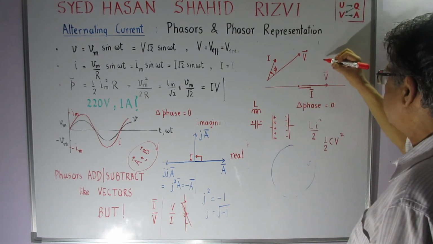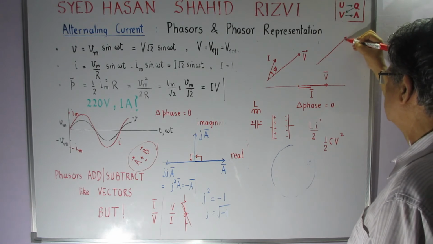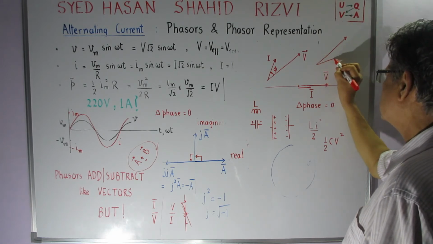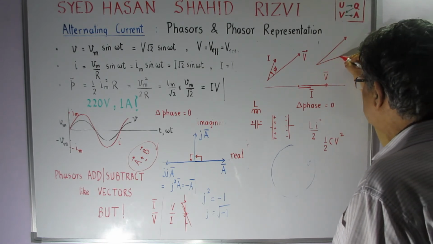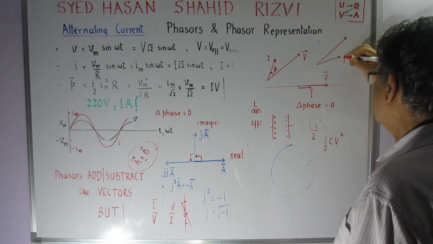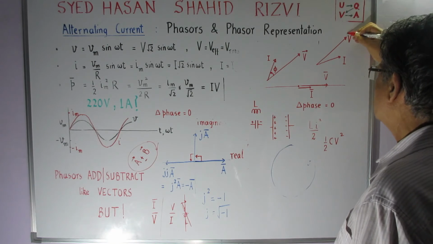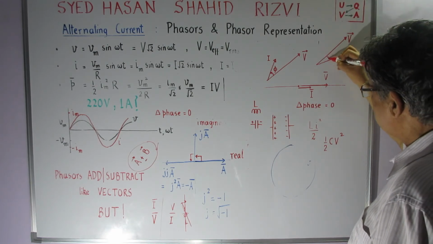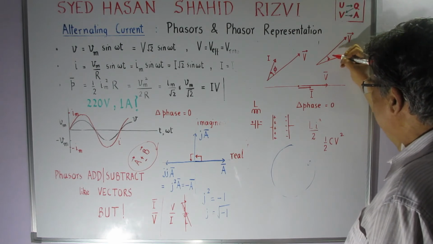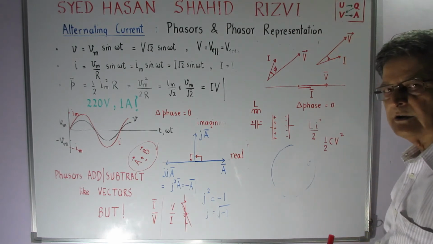And if instead I have the voltage like this and the current is something like this, I am purposely taking the phase difference as equal to pi by 2, then in this case you can see that there is a lagging behind of the current.